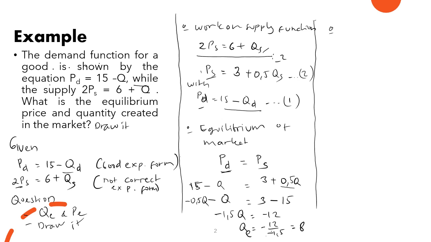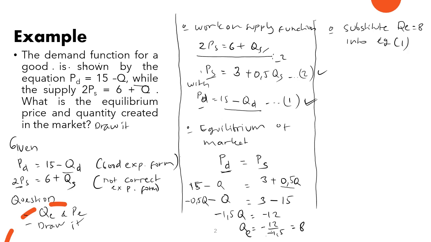Next, what is the PE? Just substitute QE equal to 8 into an equation. Which equation do you feel is easy to substitute the Q into? I think number 1 is, since it has no half, no fraction or decimal, so I will work on equation 1.